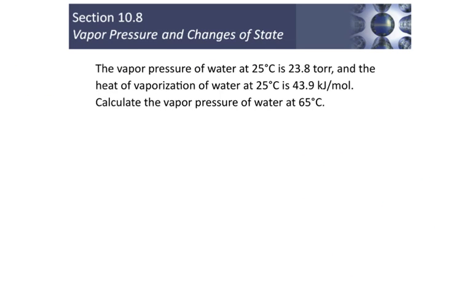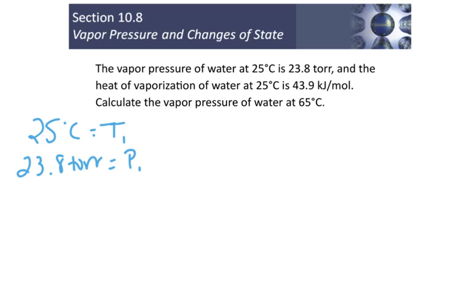So here we have that the vapor pressure of water at 25 degrees Celsius, so that's something important, 25 degrees Celsius, that's our T1, is 23.8 torr. I'm just going to leave it as P1 instead of P vap 1.